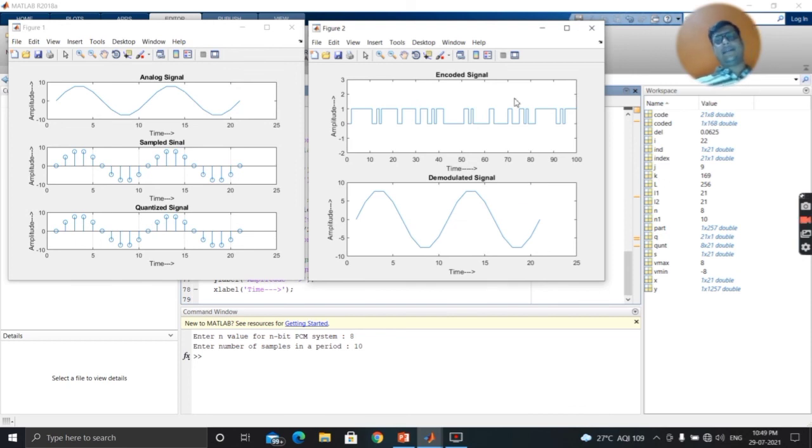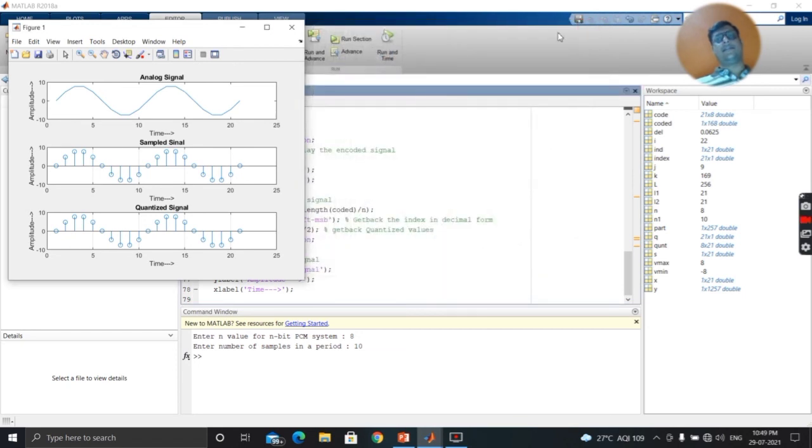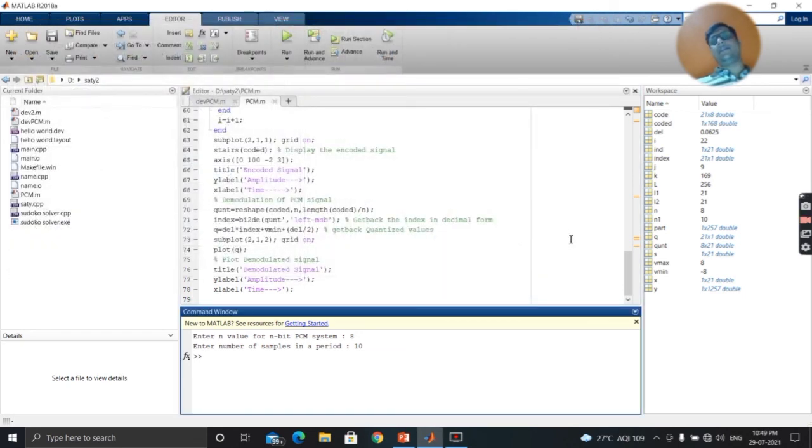So these are the basic steps. Go through it. These slides are also available in this video. Go through them, identify these codes, and execute them. It will help you to understand the working principle of PCM, how it is generated and how it is demodulated.